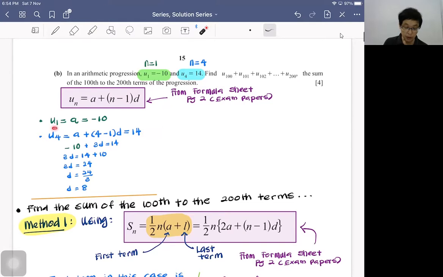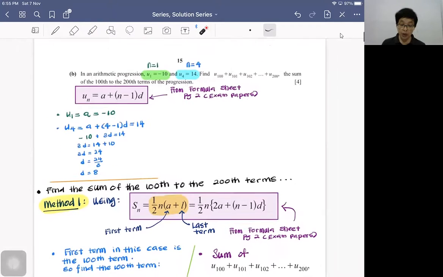The first term, which is also a, equals -10, and the fourth term, we know from the formula, substitute n equals 4 and equate it to 14, simplify all the way, and you get d equals 8.